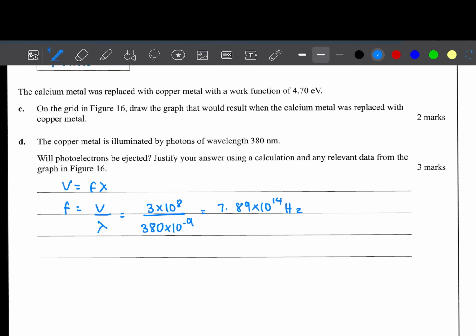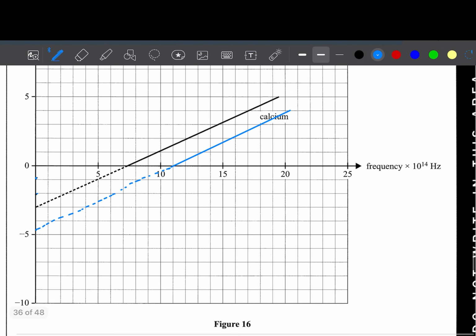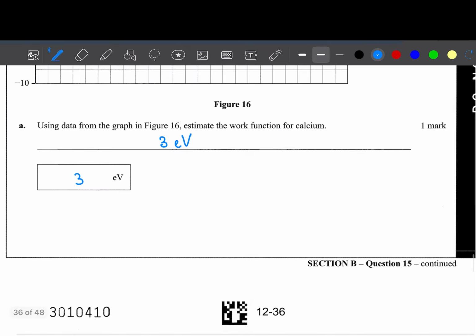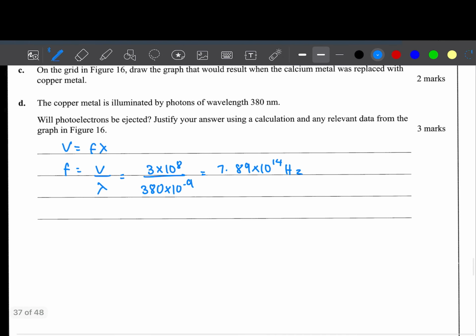Now the idea was that we had to first find the frequency, and then compare it with the cutoff frequency, which we get from here. This x-intercept is basically the cutoff frequency for a photoelectron to be ejected. So our cutoff frequency looks like 11, roughly 11 times 10 to the power of 14 hertz.